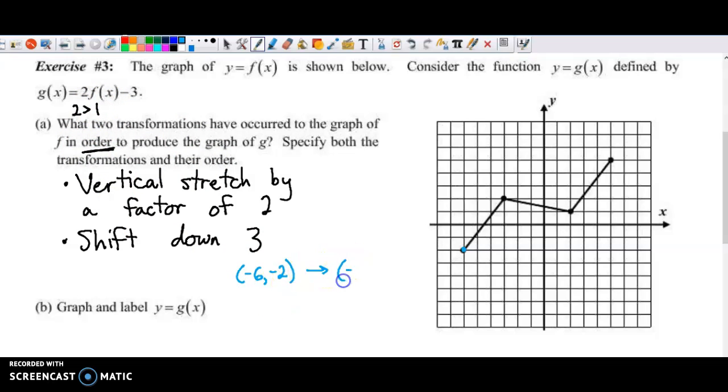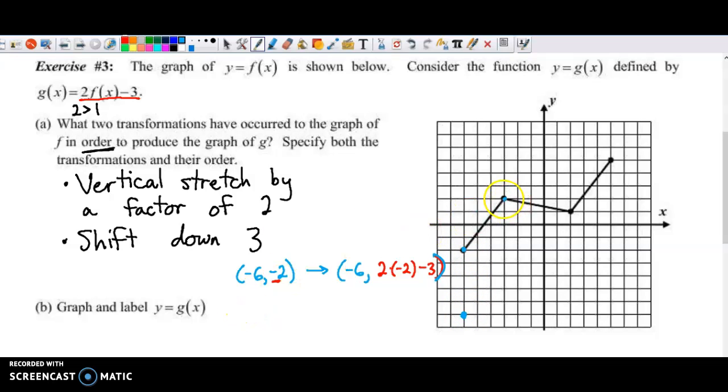So it's still going to be -6, but what you have to do, I'm going to switch colors, is you have to double that y value of -2 from right here. I'm following these rules, by the way, and subtract 3. So where's my new point going to fall? Still -6, but then -4 minus 3 makes it -7. 3, 4, 5, 6, 7.